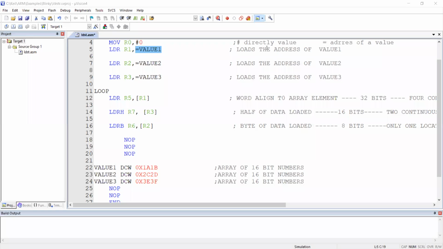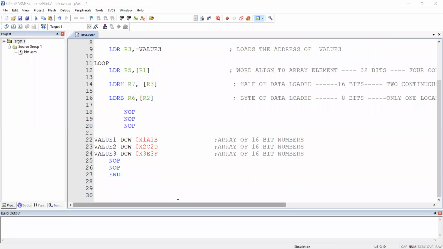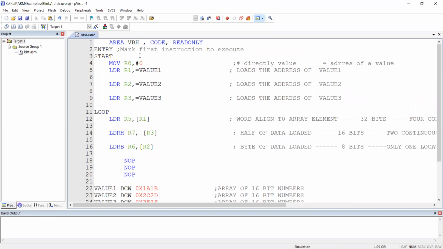So star X is equal to P. Or else you can think like this also, P is equal to ampersand of X. Ampersand will give us the address of X, and that will be stored in P. In the same way, equal to of value 1 means, I will write a comment, R1 will get the address of value 1. Same way, R2 will get the address of value 2. R3 will get the address of value 3.